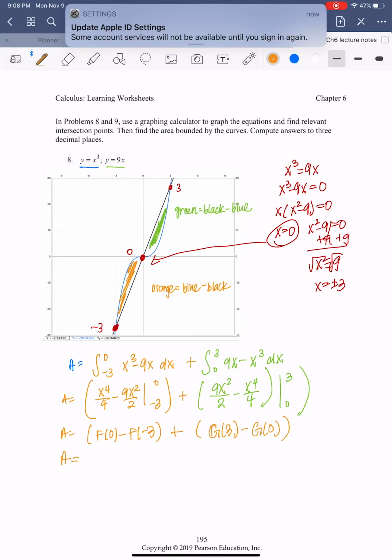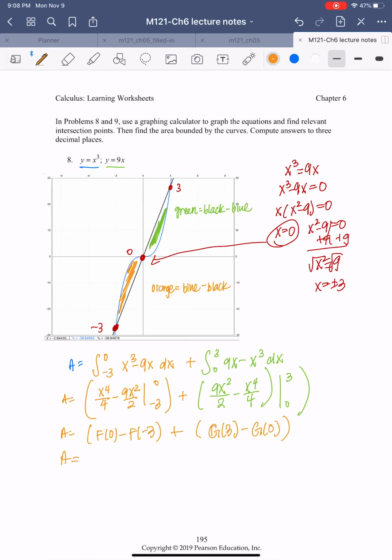So we have 0 to the 4th over 4 minus 9 times 0 squared over 2, minus negative 3 to the 4th over 4 minus 9 times negative 3 squared over 2. So this whole thing is your orange one.